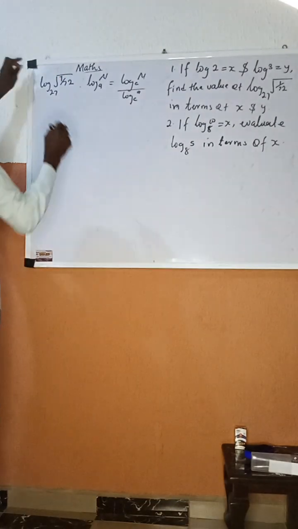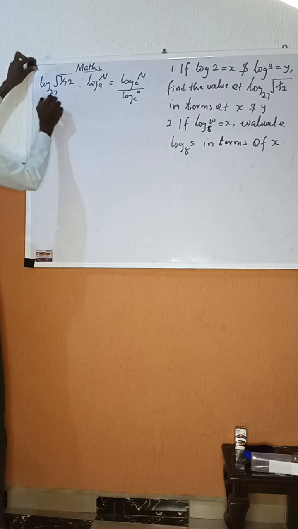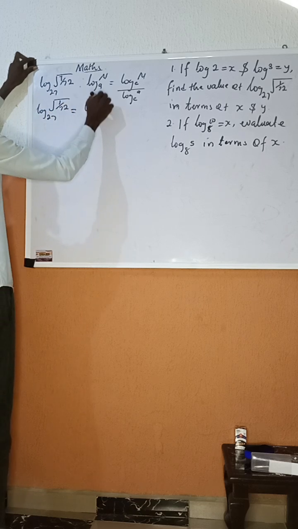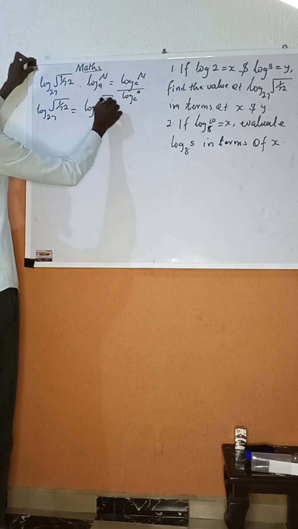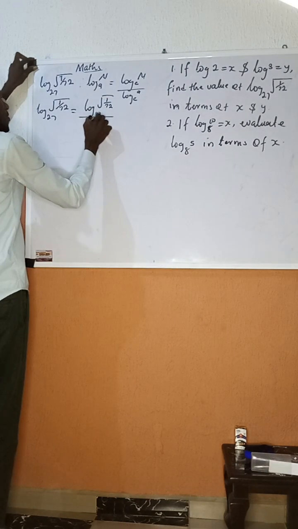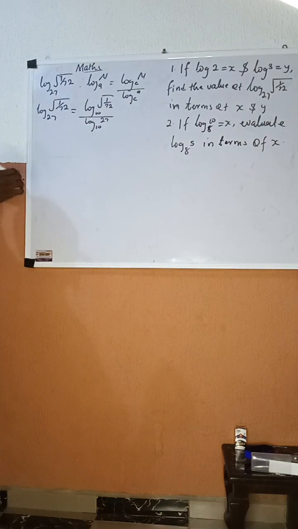And by doing so, I will come back to this problem, and this problem becomes log of square root of 1 over 72 in base 27 equals log of square root of 1 over 72 in base 10 all over log of what? 27 in base 10. We are no longer discussing base 27.